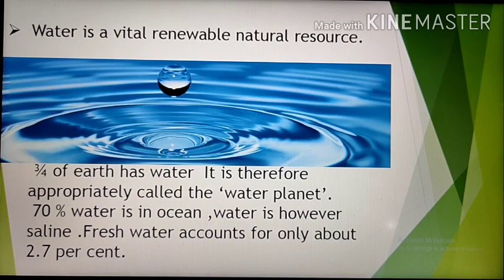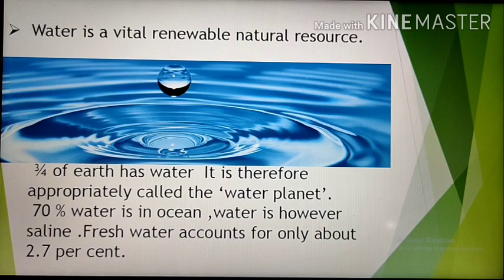Fresh water accounts for only 2.7%. Nearly 70% of this occurs as ice sheets and glaciers in Antarctica, Greenland, and mountain regions. Due to their location, they are inaccessible.